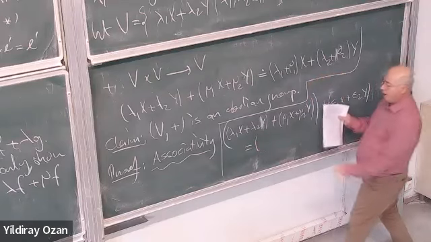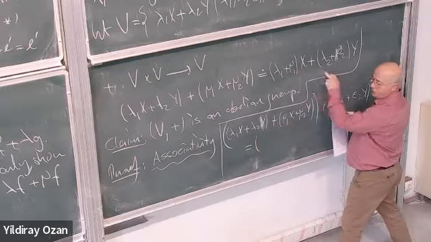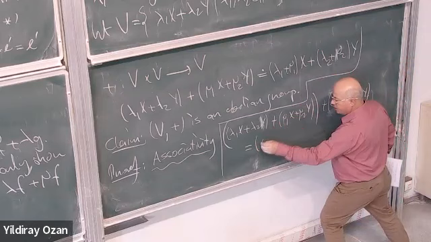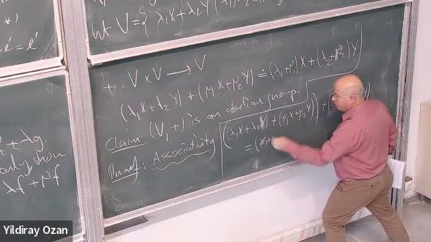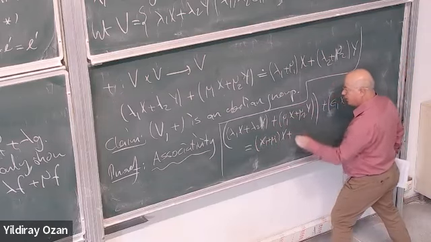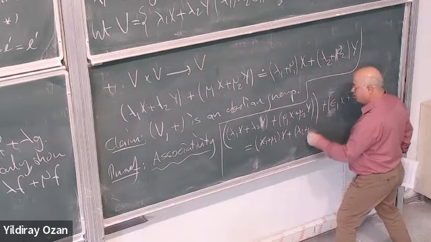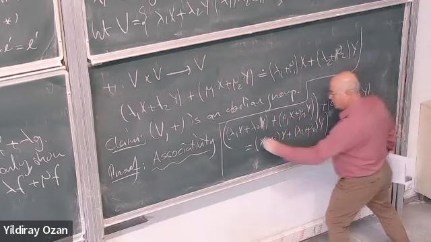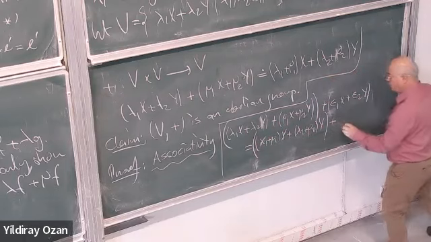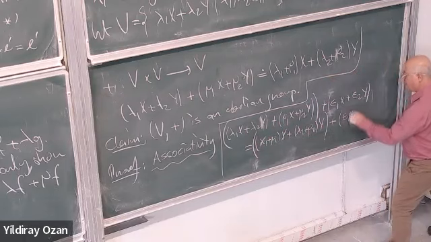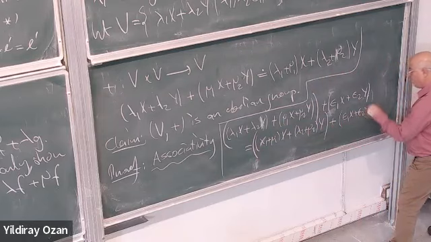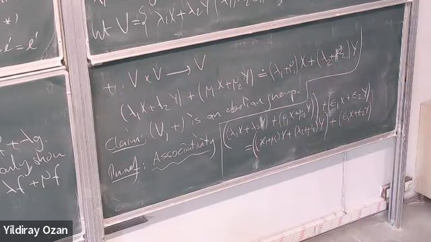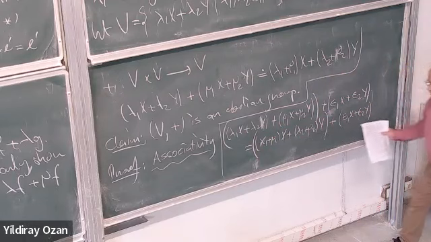By definition, this summation is just lambda 1 plus mu 1 times x plus lambda 2 plus mu 2 times y, added to epsilon 1 x plus epsilon 2 y. Now I have two vectors again.